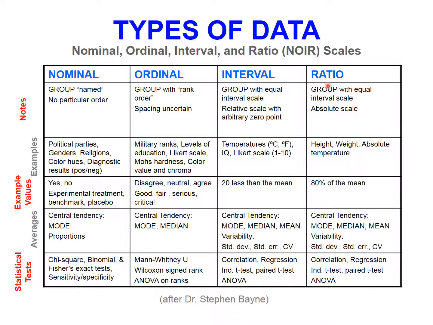That's not according to the NOIR organizational system, and I think NOIR is better, and most people do now. It's by far more commonly used. So don't be confused when you see the I. The I refers to interval and not to integer.